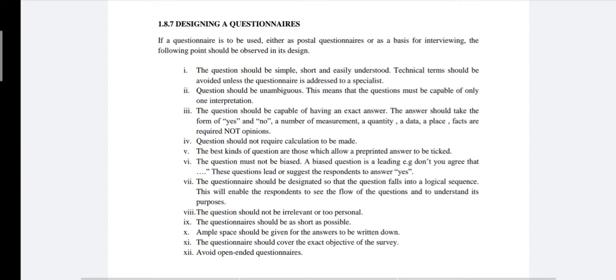Okay, this one you have learned in basic statistics, and you will use again in subject research nanti when you want to collect the data and doing the project. Okay, so I think you can read by your own for the designing of questionnaire.